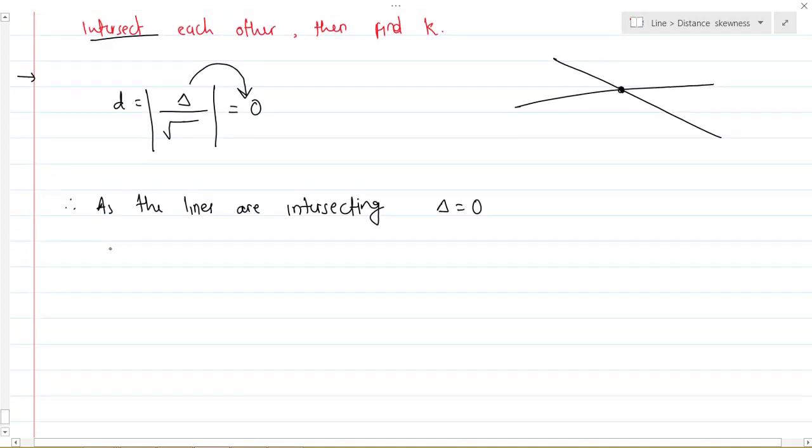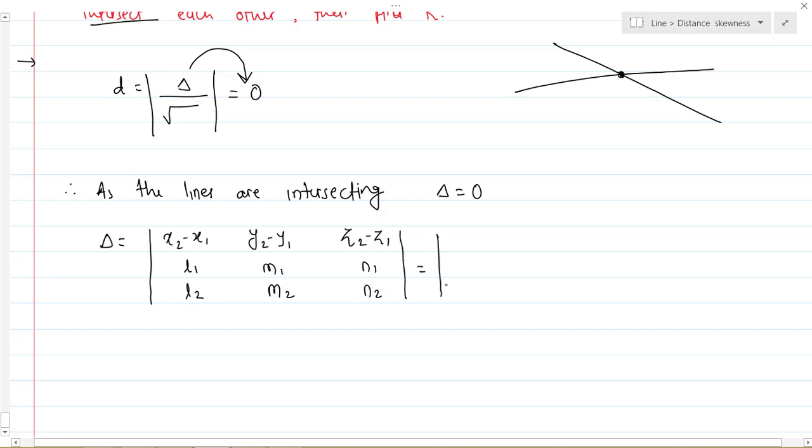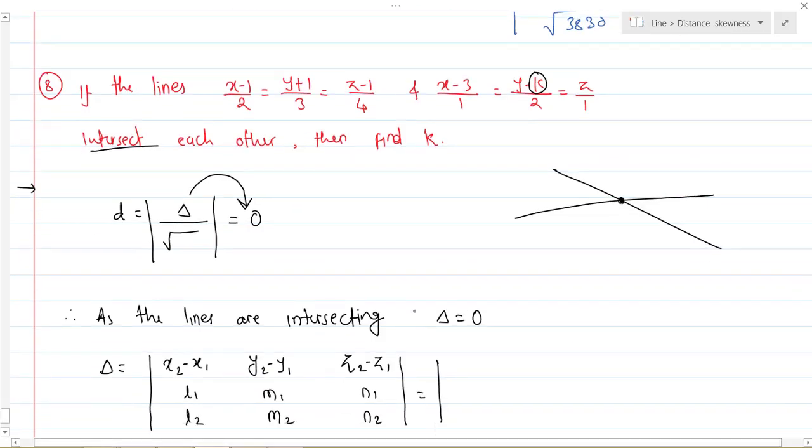Del is nothing but the determinant with rows x2 minus x1, y2 minus y1, z2 minus z1; L1, M1, N1; L2, M2, N2. Now let's substitute the values. These are nothing but the points through which your line is passing. So this is x1, y1, z1.